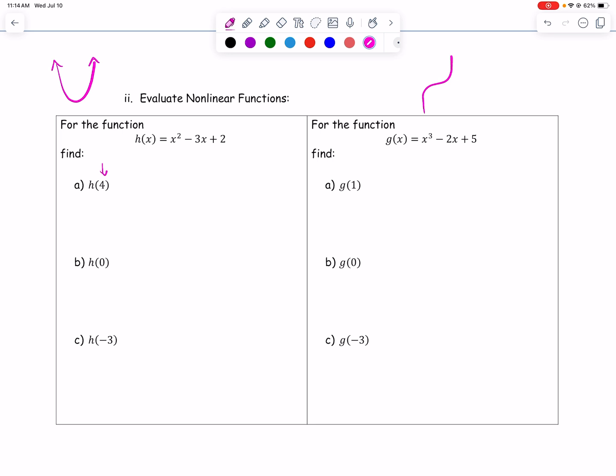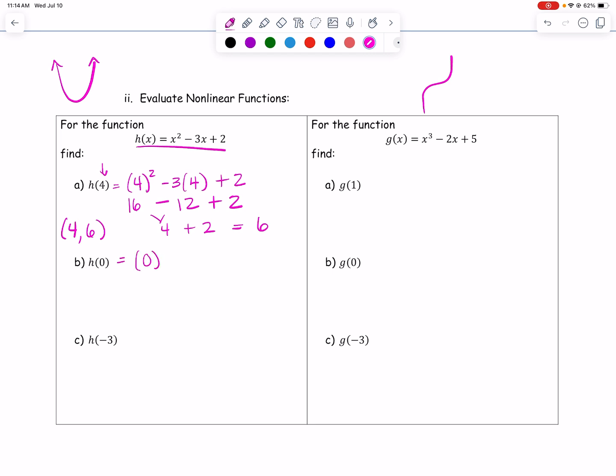Our x is 4, and we're going to replace it into this function. So we are going to do 4 squared minus 3 times 4 plus 2. So 16 minus 12 plus 2. So 16 minus 12 is 4, plus 2 is 6. So our ordered pair would be 4, 6.